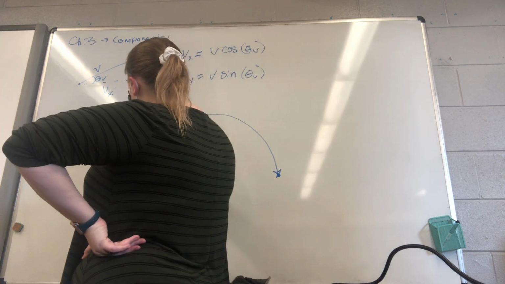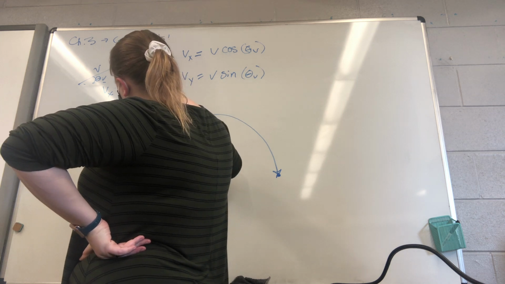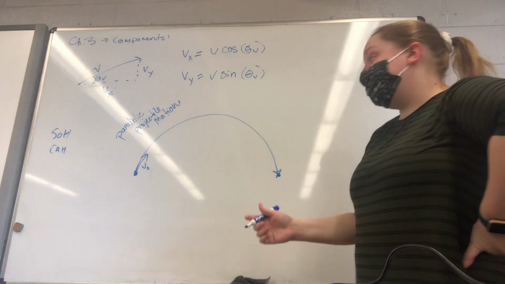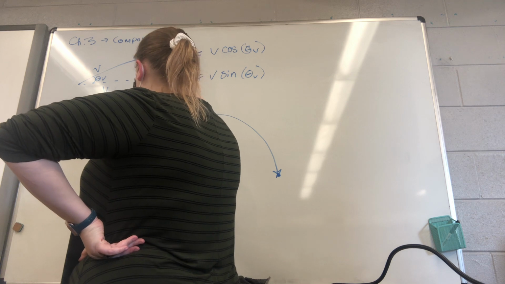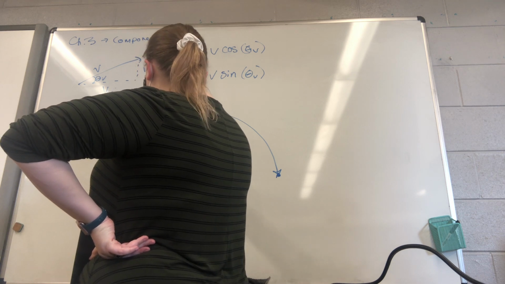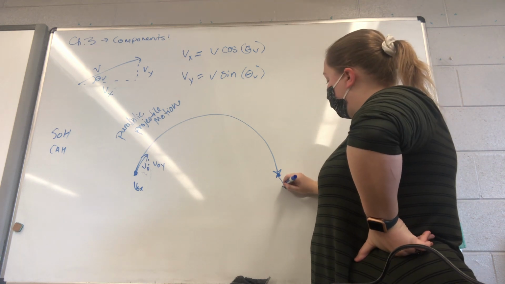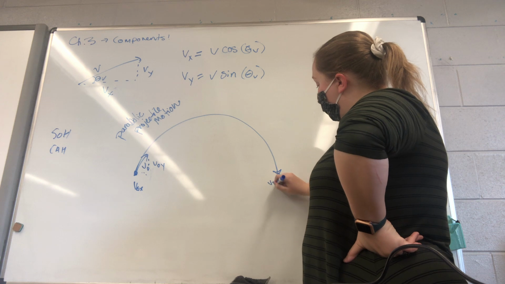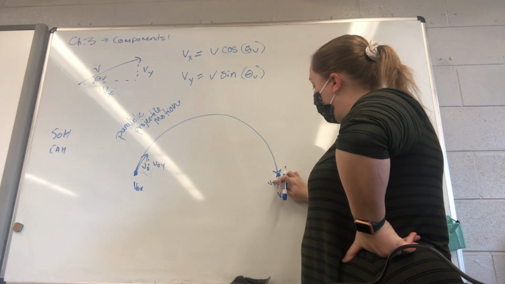The initial velocity can be broken into components of v naught x and v naught y using these formulas. The final velocity can be broken into vy and vx components as well.